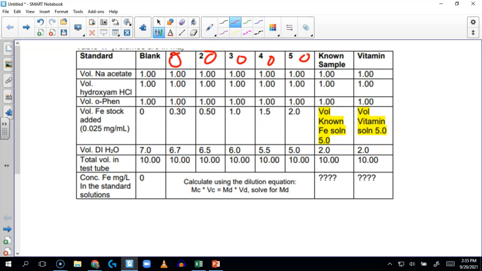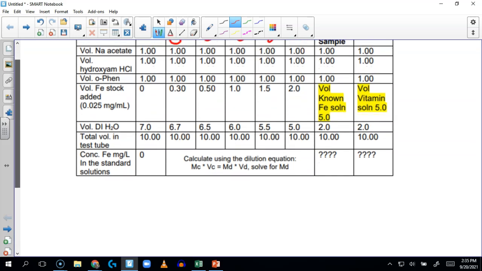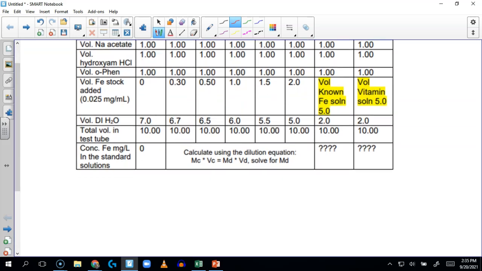Now each of these calculations will be the same, but you'll have to substitute in the correct number from each column. So in order to calculate what the current concentration is, we have to use the dilution formula, and that's what is right down here. When we made our solution for sample 1, you can see the data right here.